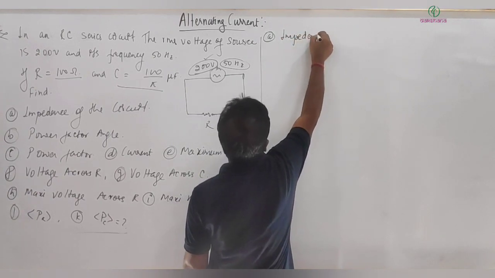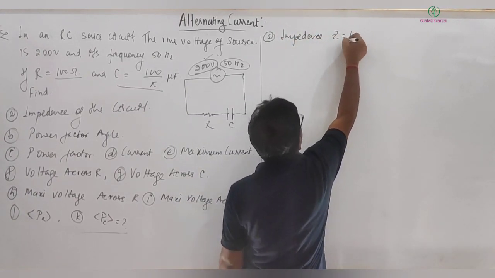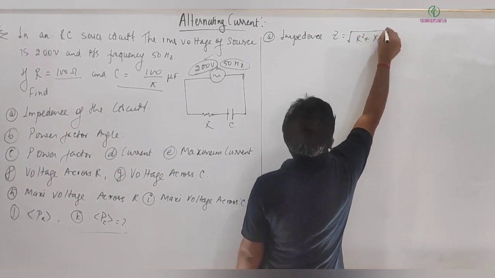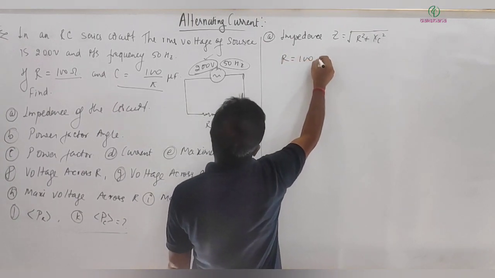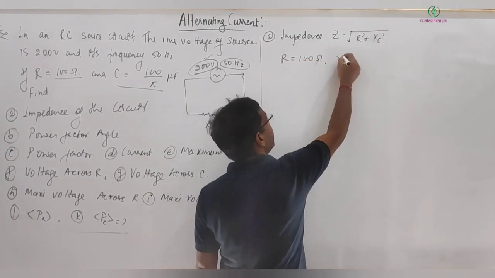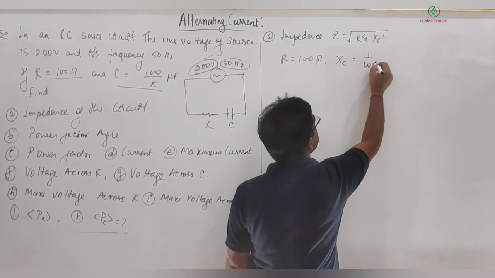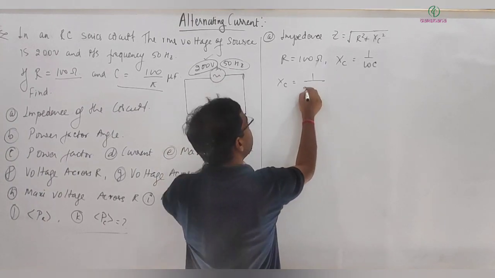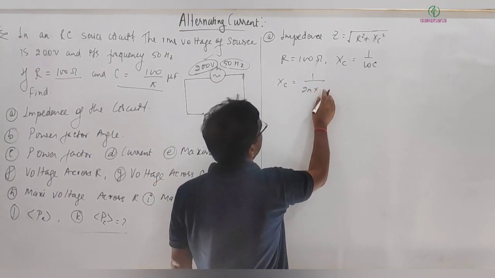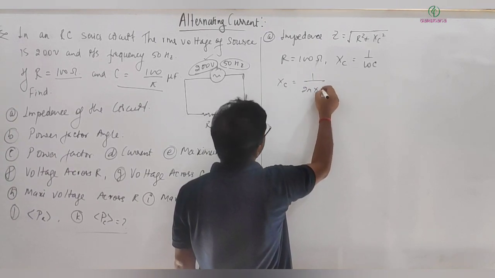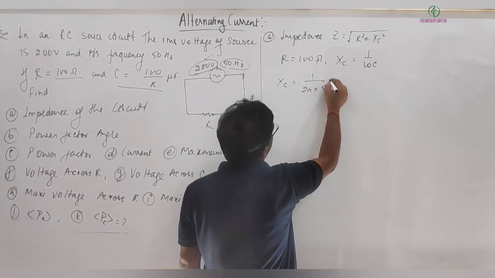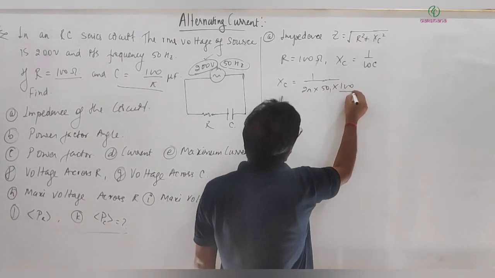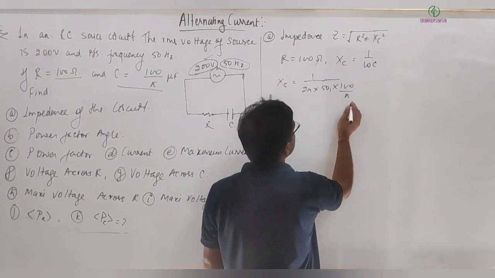Impedance means you are asked to find Z, and Z in this circuit is given by root of R square plus XC square. We already have R as 100 ohm; we need XC. XC is given by 1 by omega C. So 1 by omega C is 1 by 2 pi into F, which is 50 Hertz, multiplied by C, which is 100 over pi microfarad.